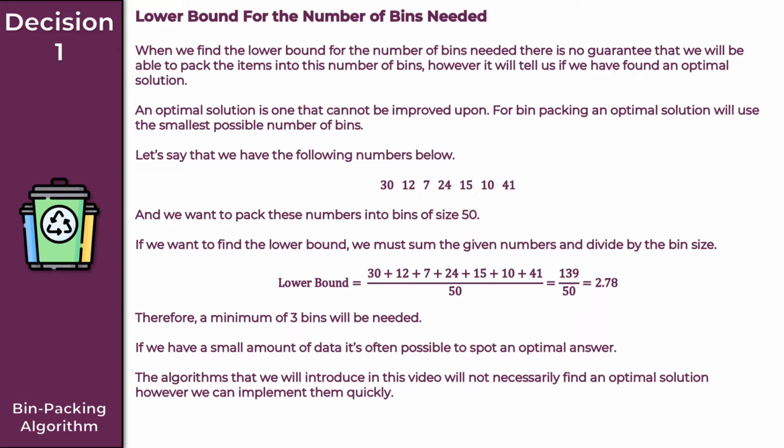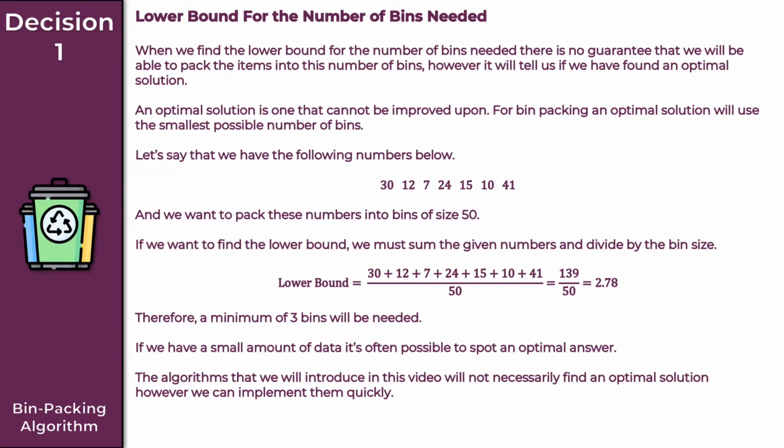The algorithms that we will introduce in this video will not necessarily find an optimal solution. However, we can implement those algorithms quickly. So in terms of the lower bound for the number of bins needed, that's all we need. Hopefully this very quick example demonstrates how easy it is to find the lower bound, and the key point, don't forget, is that we always need to round up. So that's everything for the lower bound.